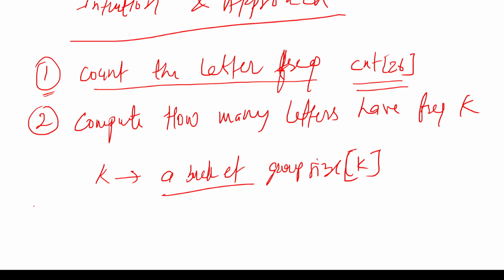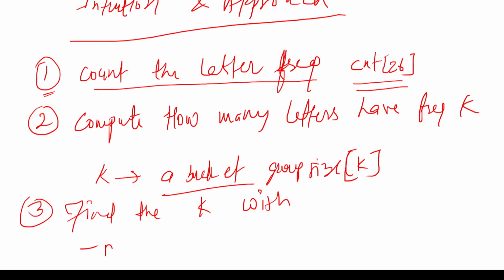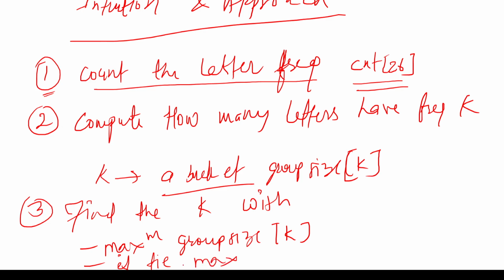Then we will find the K with the maximum group size, and if there is a tie, we'll take the maximum K. This is what we need to do.